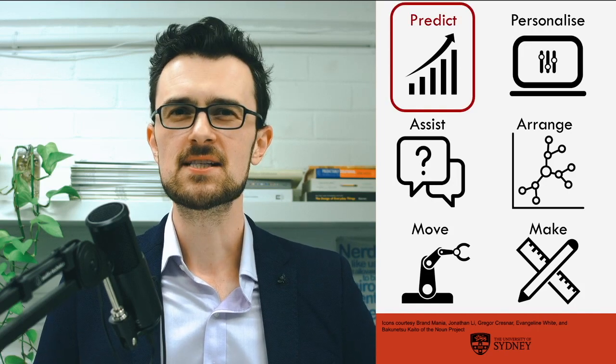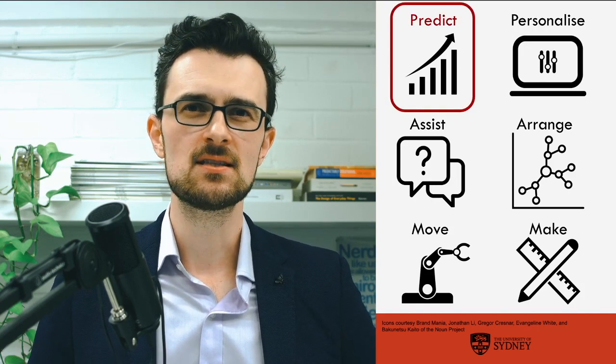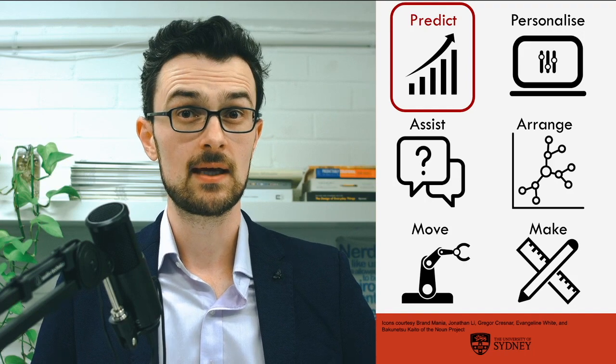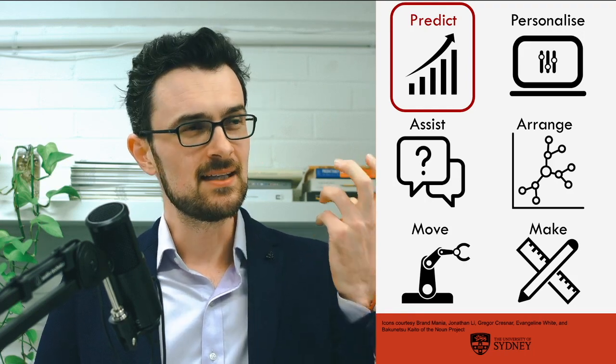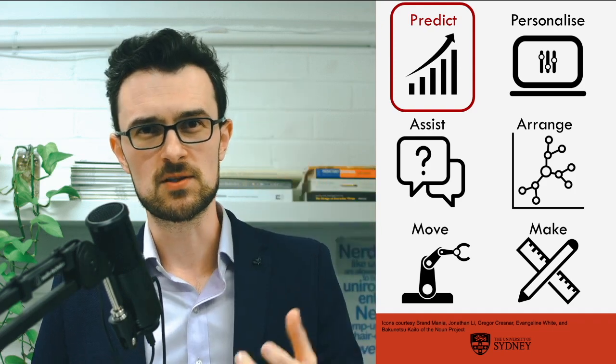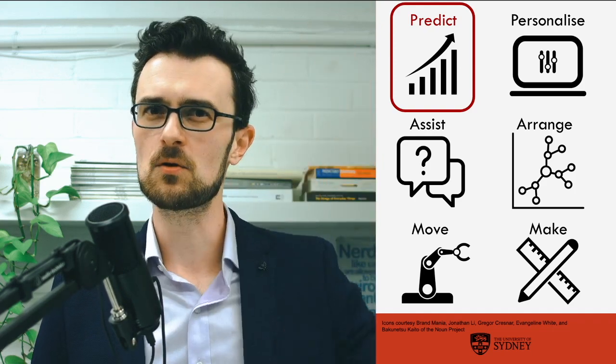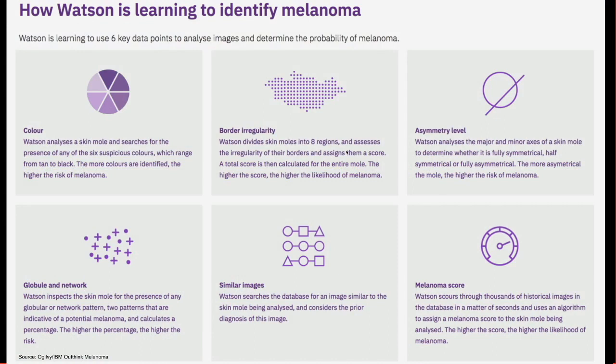A prediction system simply puts different stimuli into categories or answers something about them. So given this, is it this one or this one? Or given this thing, is it a high number or a low number? Here's an example.